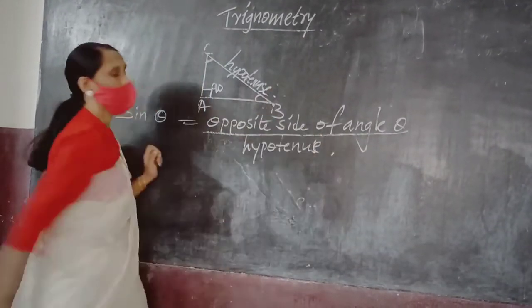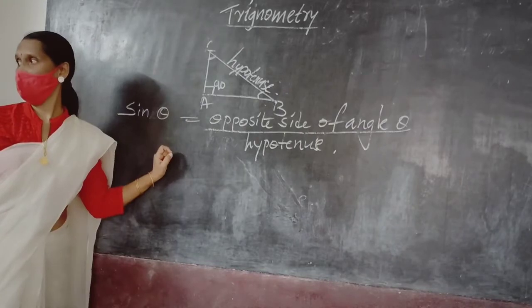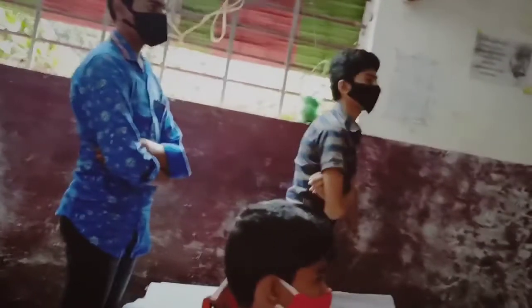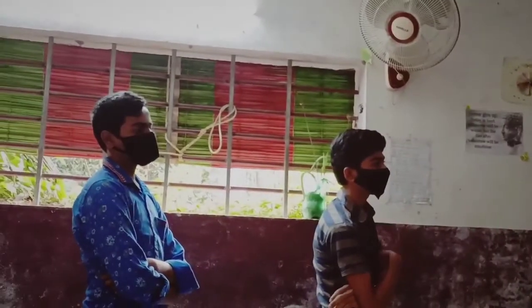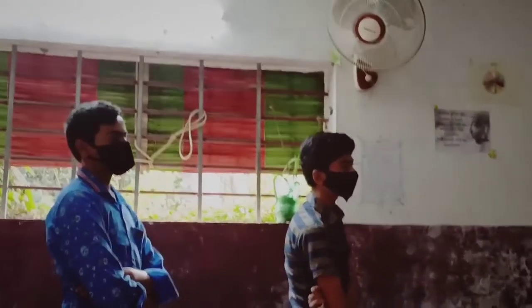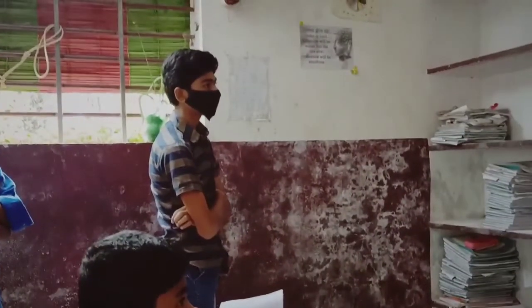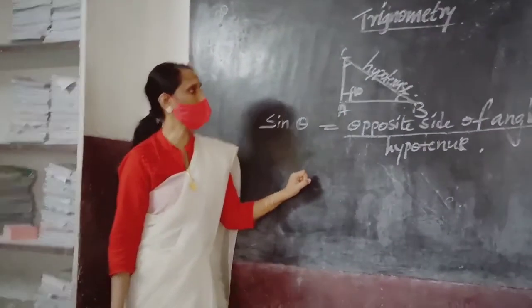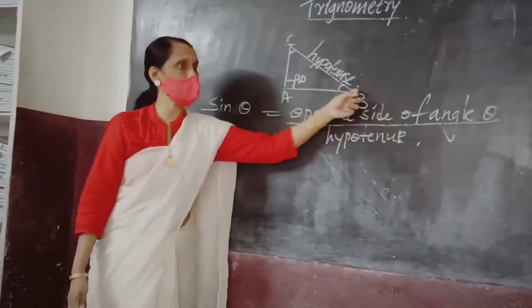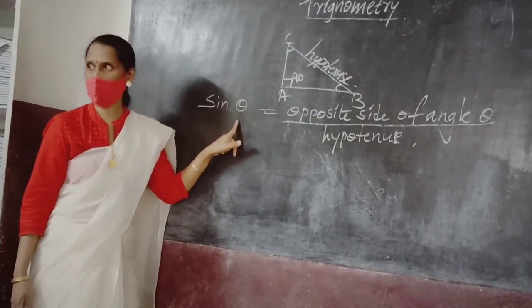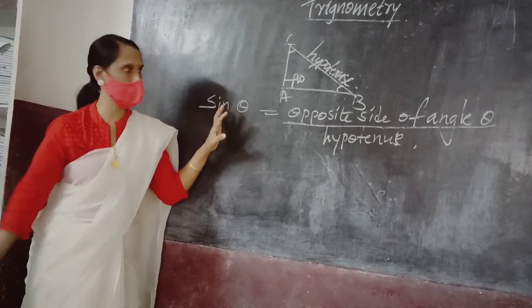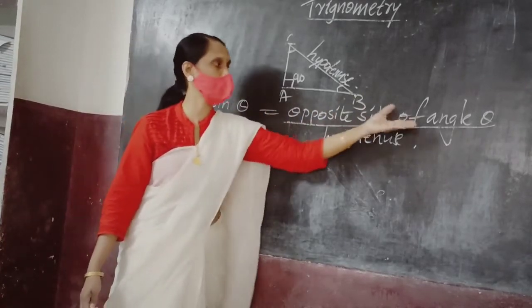So, Vishnu, what is sine B here? AC by CB. AC by BC. This is correct. CB or BC, right? Sit down. So I asked him what is sine B. In general, sine theta, where theta means any angle, is the opposite side of angle theta by hypotenuse.